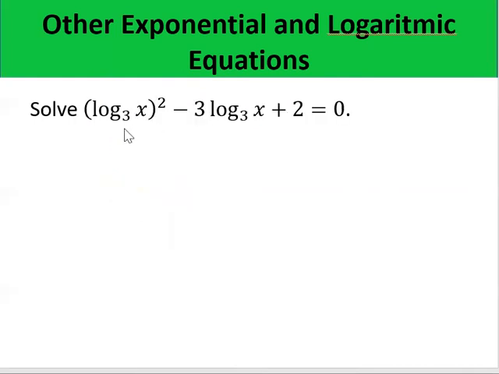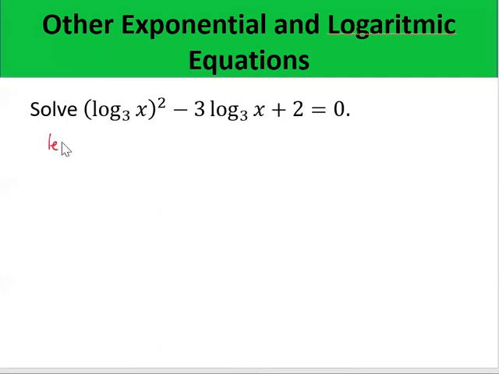And then finally, whenever we have this type of logarithmic equation, now let us solve for the square of the logarithm of x to the base 3 minus 3 times the logarithm of x to the base 3 plus 2 is equal to 0. So just like in the other exponential equation earlier, this is treated as a quadratic equation.